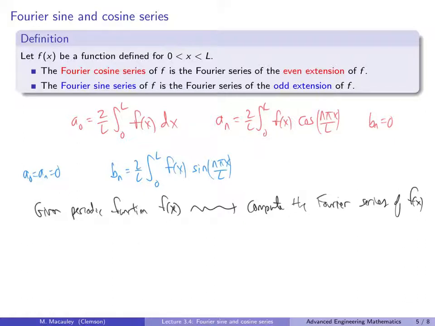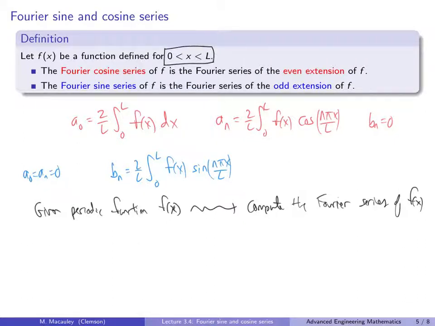Now, it might just be that the Fourier series only contains cosine terms or sine terms. But the difference here is that if I tell you to compute the Fourier cosine series or the Fourier sine series, the function I give you has to be a fragment.